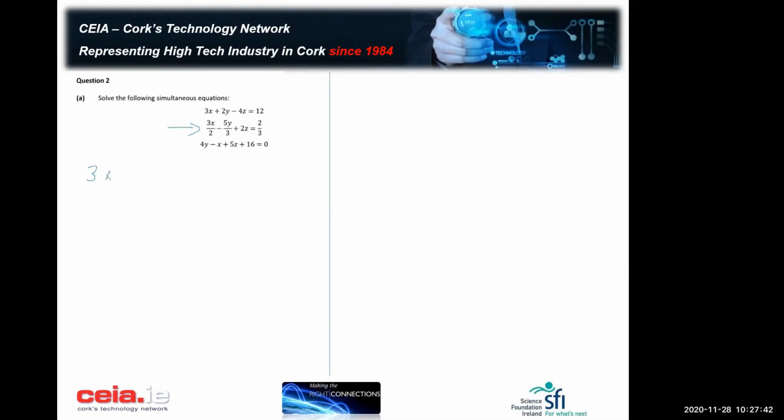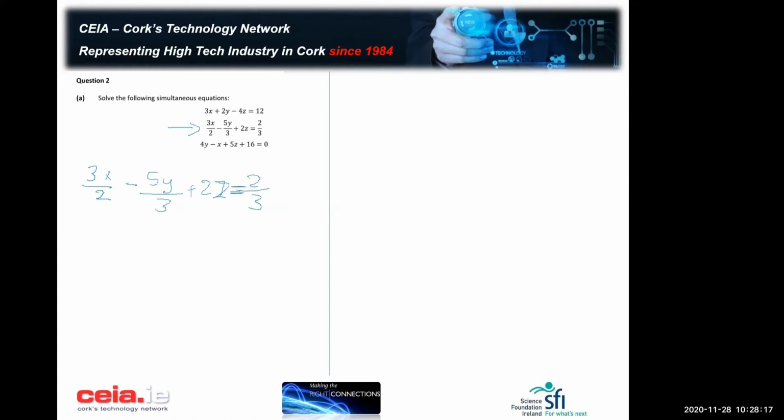So you've got 3x over 2 minus 5y over 3 plus 2z is equal to 2 over 3. How do you tidy that up? Well, if you multiply across by 2, you get rid of the half here, but you're going to have a 3 here. So you multiply across by the lowest common denominator, 6. And remember, you have an equal sign here, so if you multiply one side by 6, you multiply the other side by 6 as well.